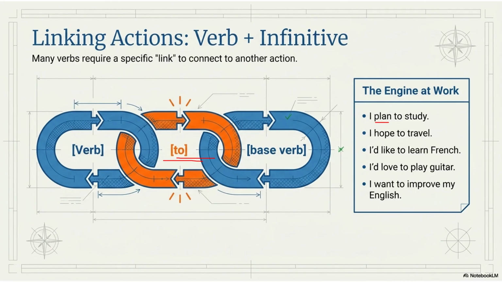I plan to study. I hope to travel. I'd like to learn French because we also use this to with a contraction of I would. I'd like. I'd love to play. I want to improve. So these verbs are normally followed by a preposition to and the base form of the following verb.